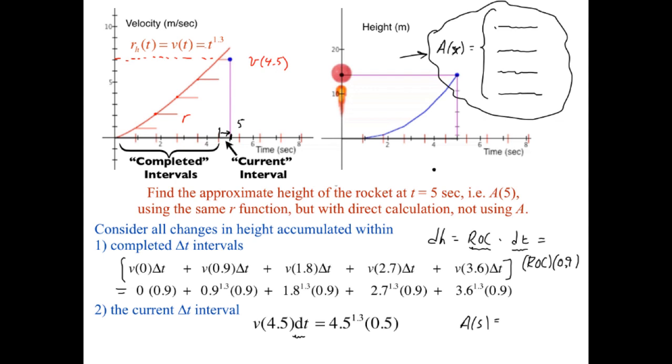That one line has this feel to it. That's why we're doing this example, because writing the one line version of a of x has this feel of it. We're going to add up all the accumulation to completed intervals, plus however much we've accumulated in the current interval.